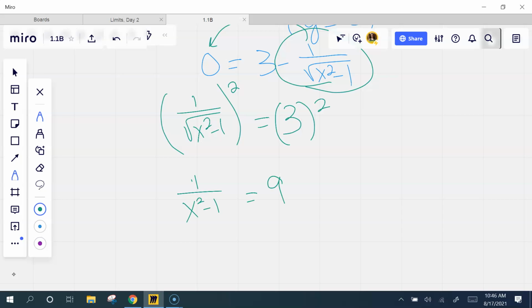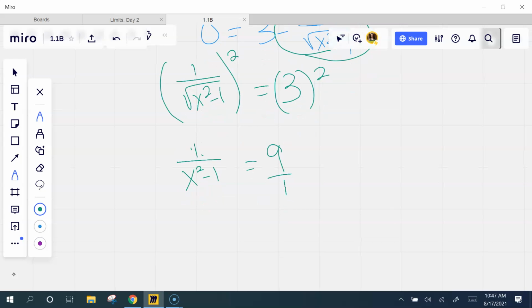Do you all agree with that? Okay. How do you solve something with a variable in the bottom like this? Or cross multiply, which is the same thing, right? So 1 equals 9 times x squared minus 1.